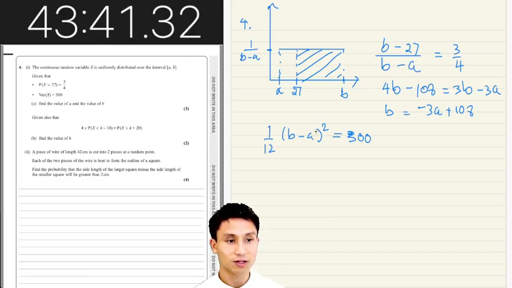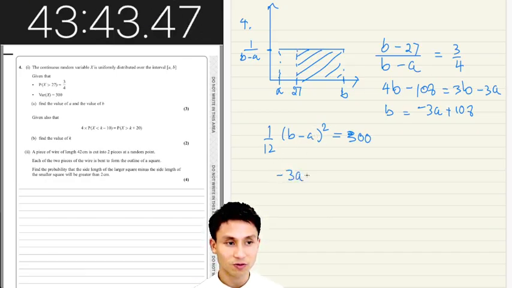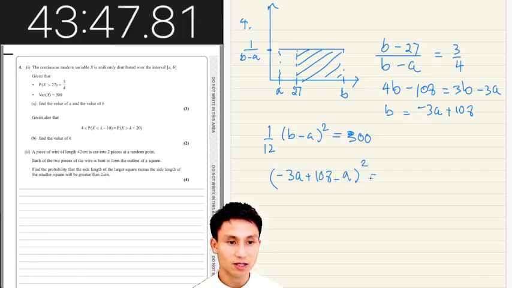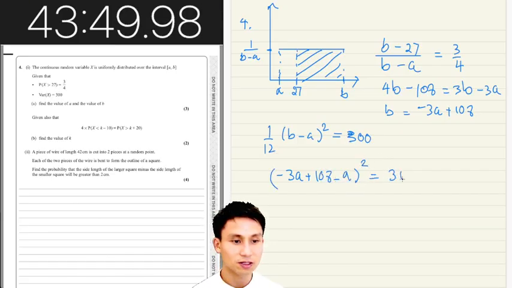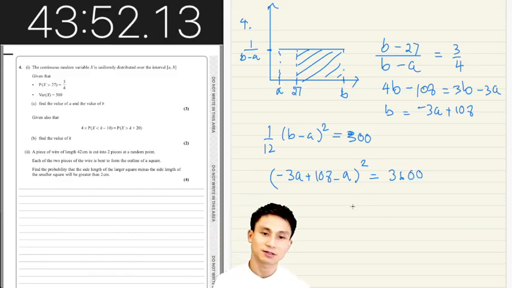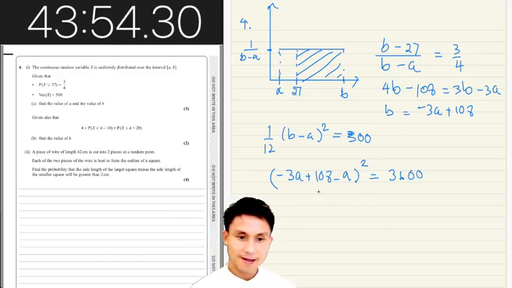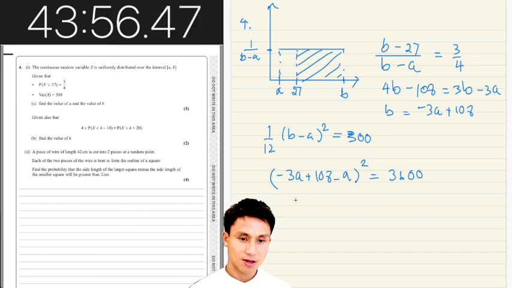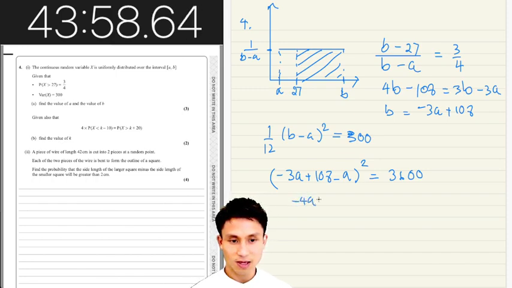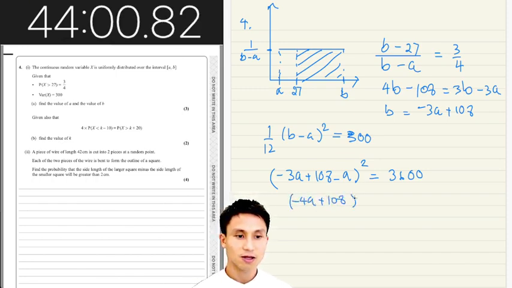While substituting b in terms of a, I get (minus 3a plus 108 minus a) in the bracket squared equals 12 times 300, which is 36 and add 2 zeros. So this is (minus 4a plus 108) squared.